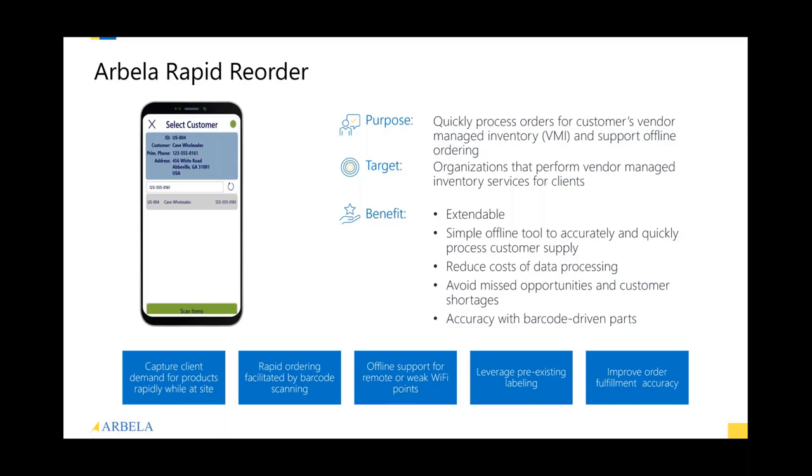This then, while doing multiple site visits on one trip, led to missed opportunities for order fulfillment and accuracy on forecasting, as well as issues with accuracy when it came to making sure it was the right item number.